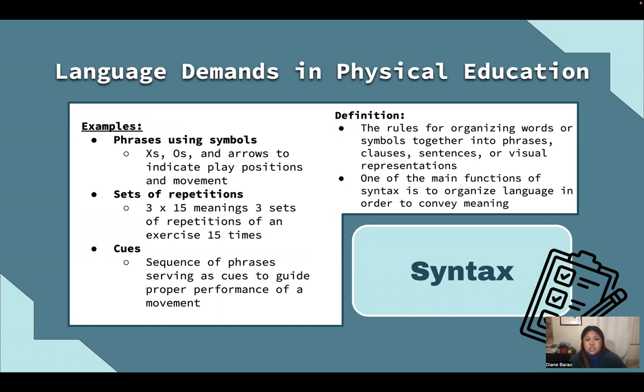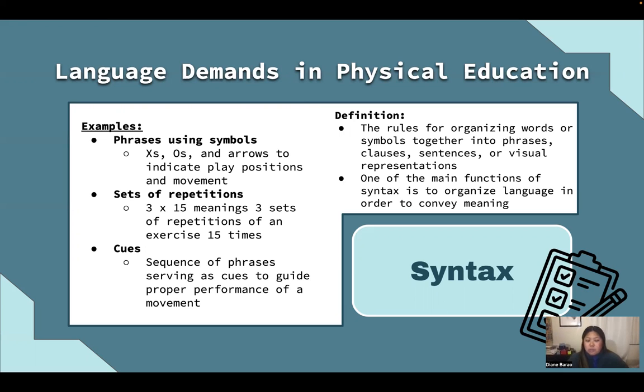Sets of repetitions, so 3 by 15, meaning 3 sets of 15 repetitions of an exercise. And then cues, sequence of phrases serving as cues to guide proper performance of a movement.